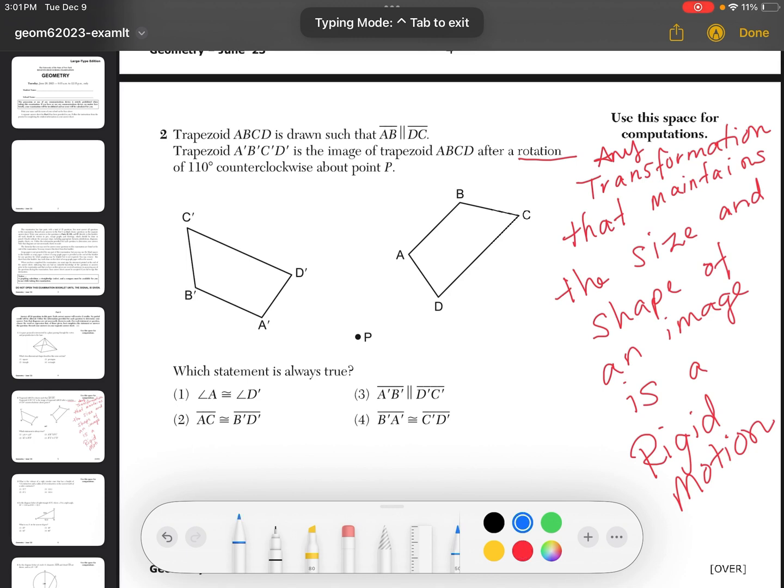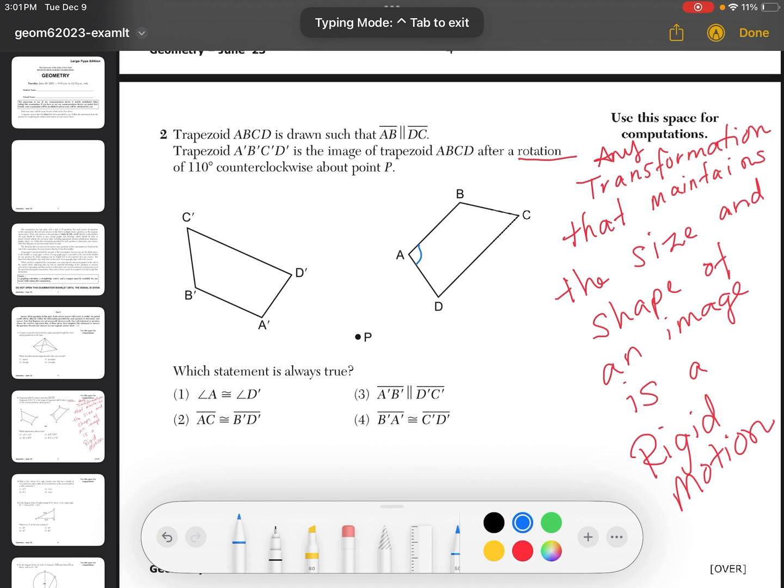If I look at angle A and I look at angle D prime, in order to say that angle A and angle D prime are congruent, I would have to use some fact. The only things I know about this is that they're both trapezoids, and also the rigid motion.